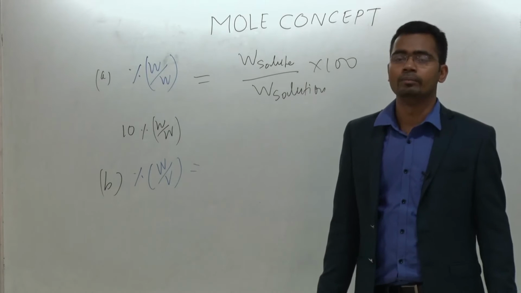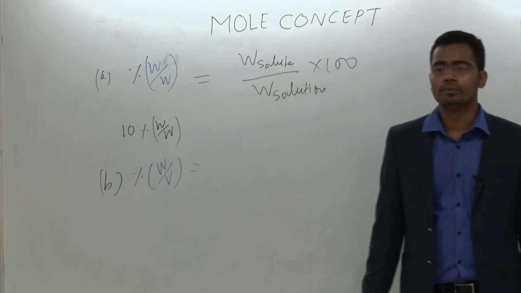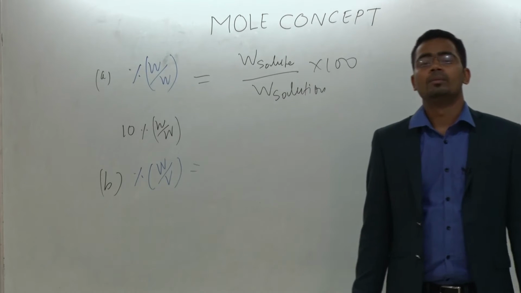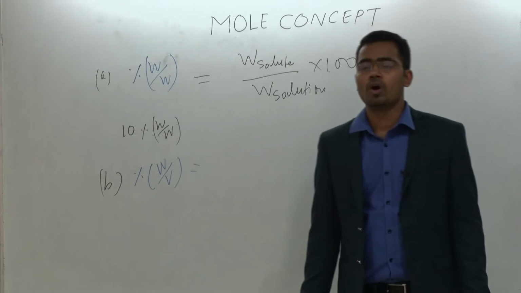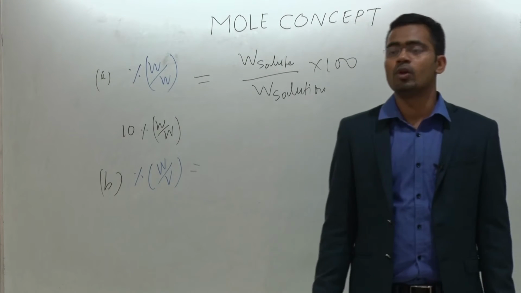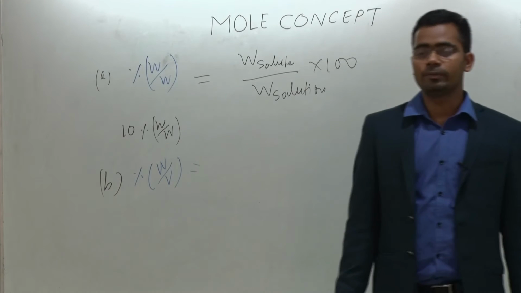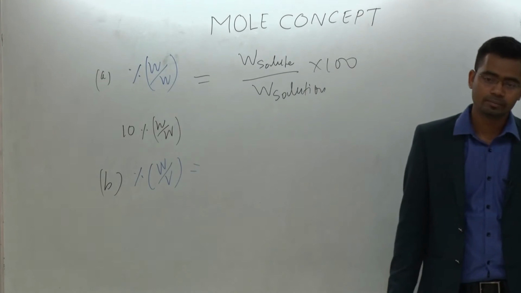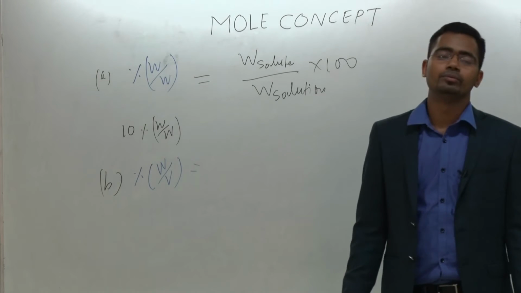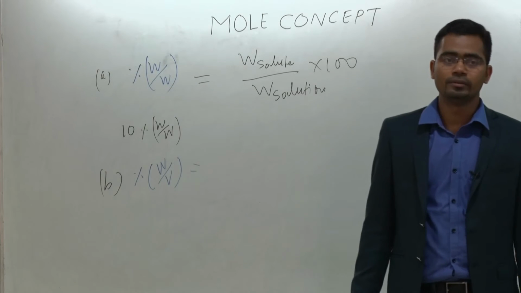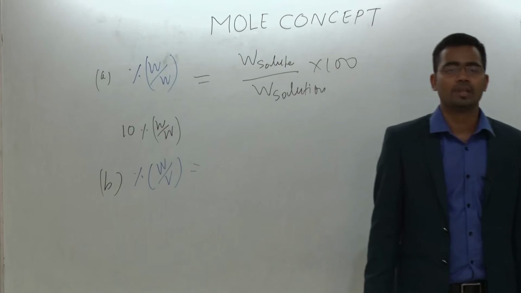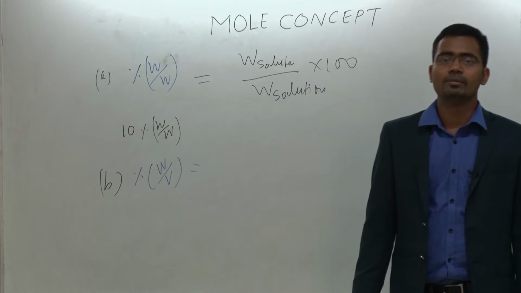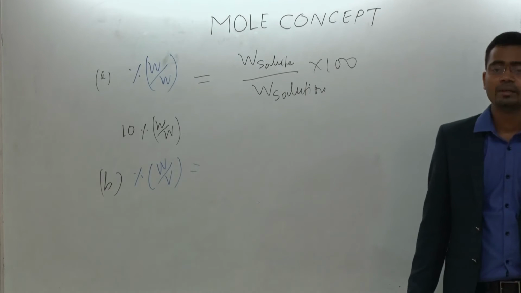Percentage weight by volume. It is the ratio of weight of solute in gram to volume of solution in milliliter, multiplied by 100.